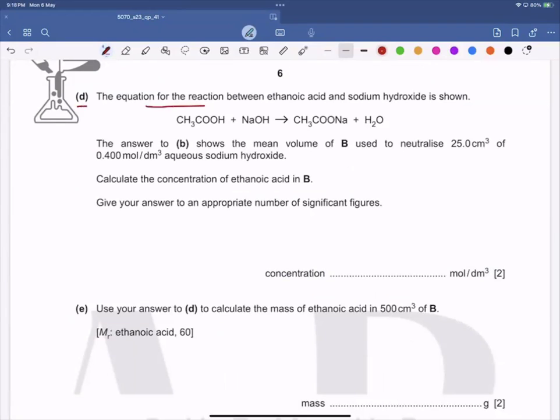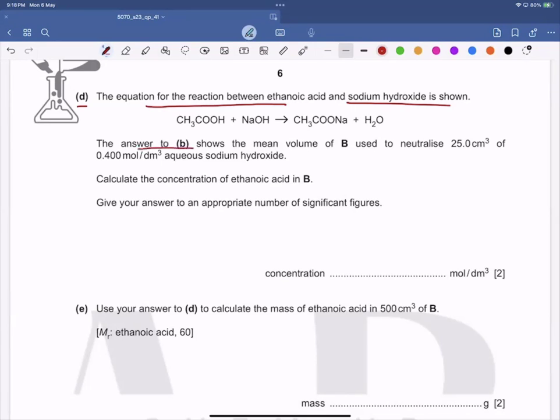D. The equation for the reaction between ethanoic acid and sodium hydroxide is shown. Okay.